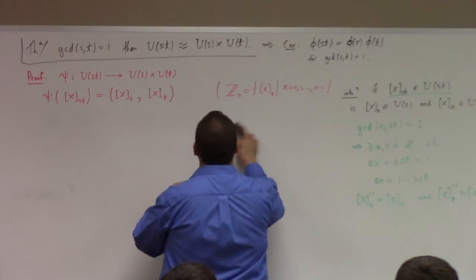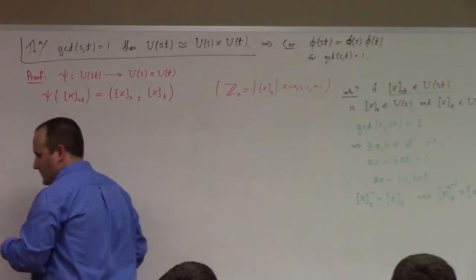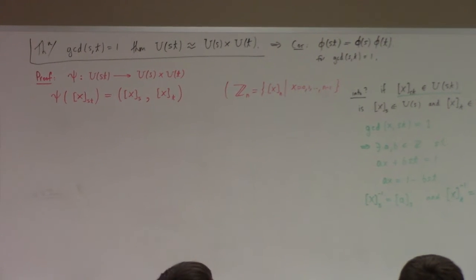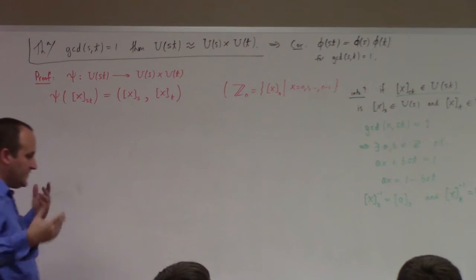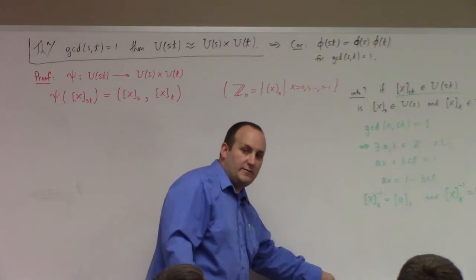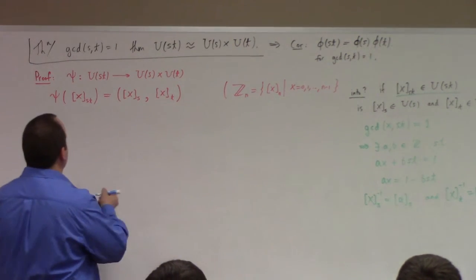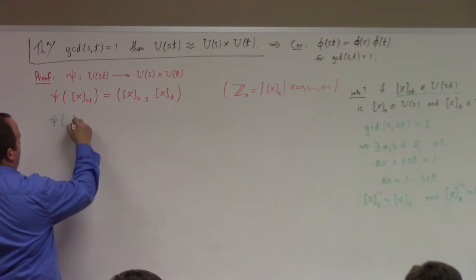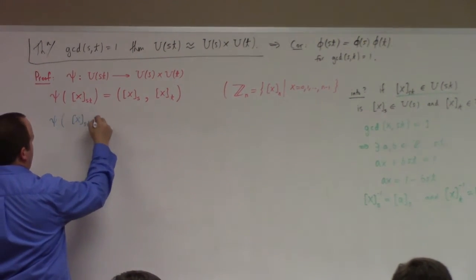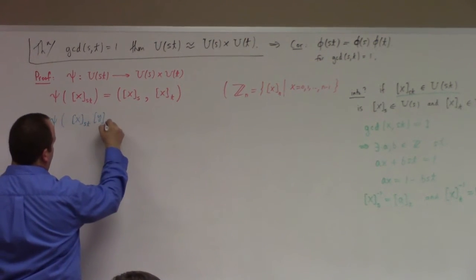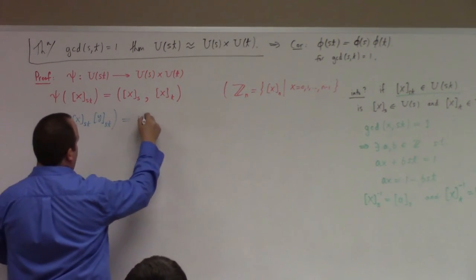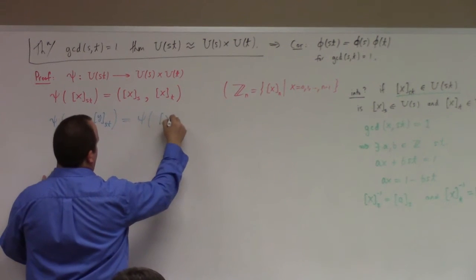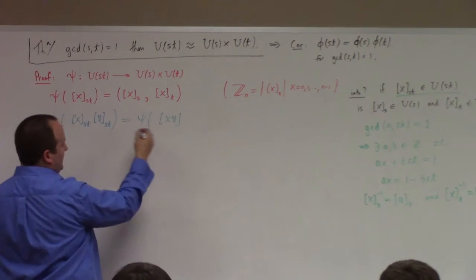Let's see here. Then what should we do? We should check the homomorphism property, right? Is it a homomorphism? It's a function, right? Great, but we were looking for an isomorphism, so we need to show that it's first a homomorphism. So how's that go? Well, psi of x sub st times y sub st is what? By definition of multiplication, multiply the representatives, right?